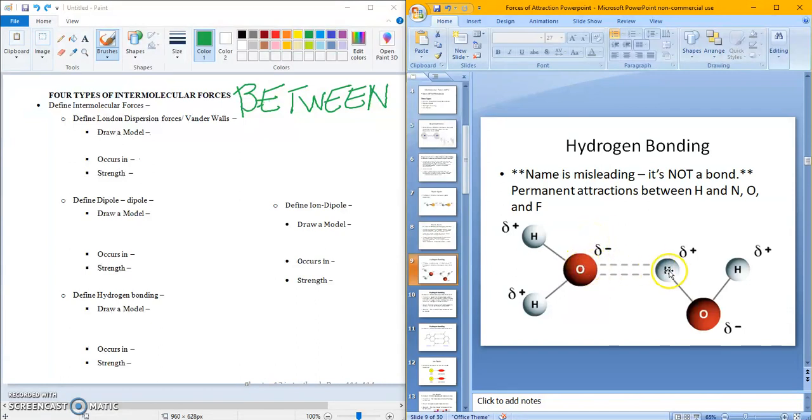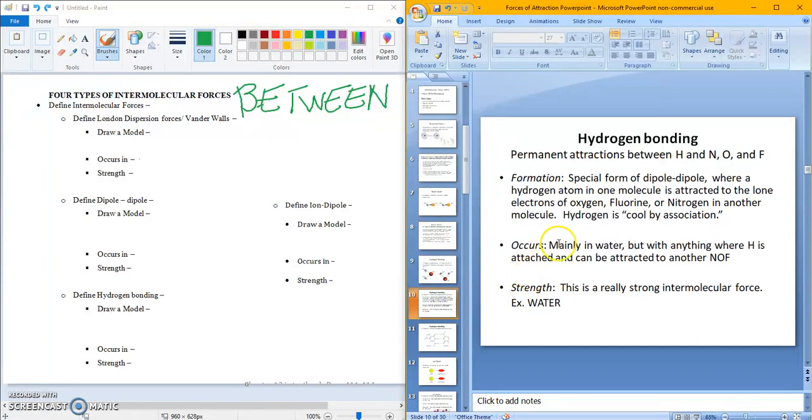And then it's of course attracted to the other hydrogen on another water molecule that has a really strong positive charge. So unlike dipole-dipole, where you have a permanent positive and a negative side, because hydrogen is so small and oxygen, nitrogen, and fluorine are so electronegative, it causes an even stronger attraction, so that's why they get their own name or own category.